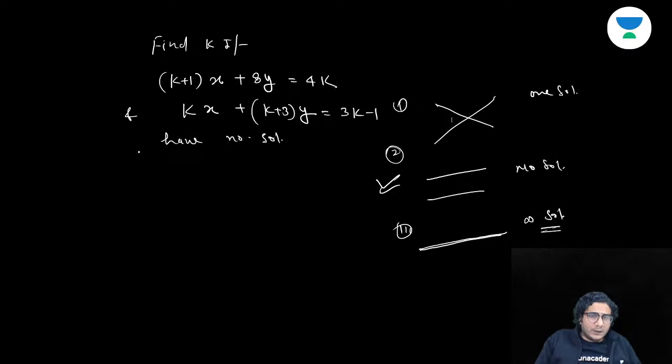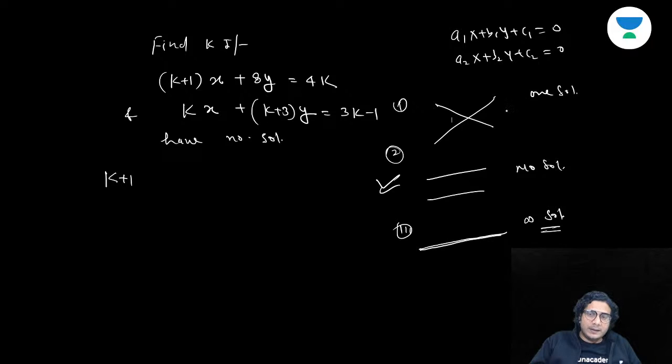Let's see. I am writing the general conditions. A1x plus B1y plus C1 is equal to 0 is the first line, and A2x plus B2y plus C2 is equal to 0 is the second line.